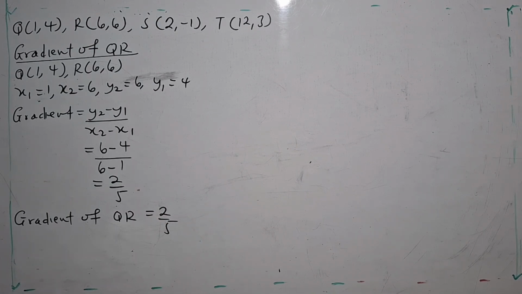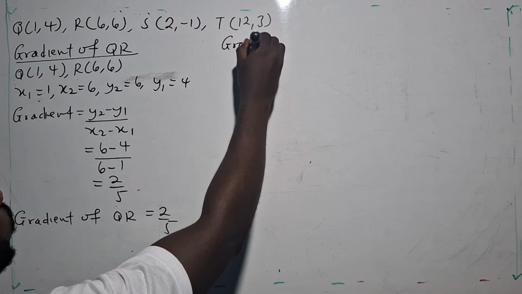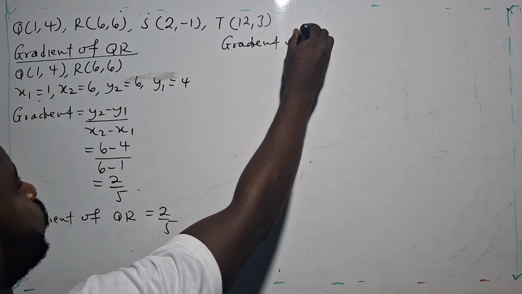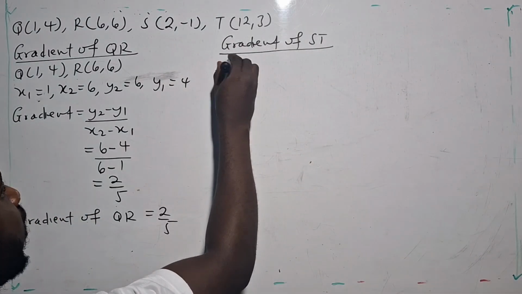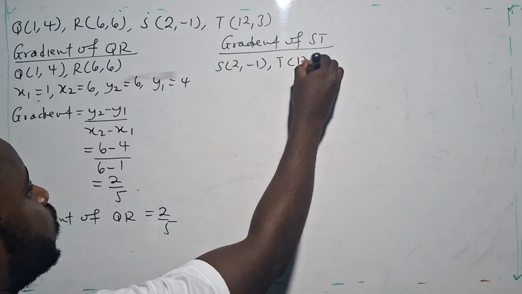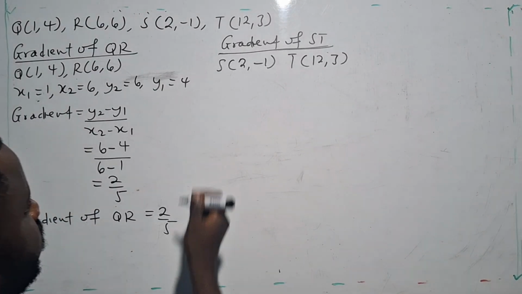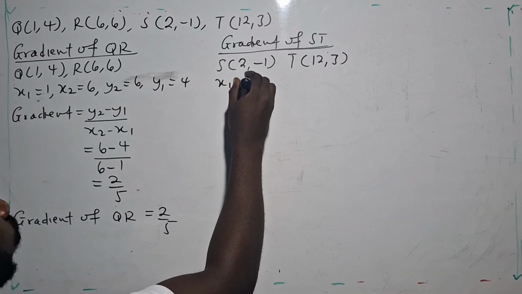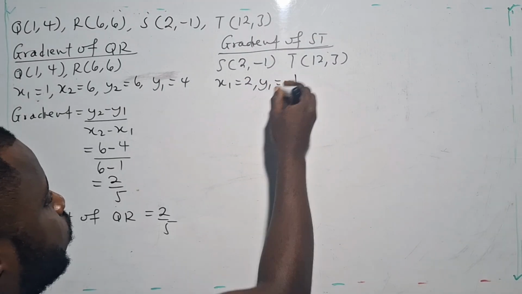This way. So let's find the gradient of ST. So our S is (2, -1), our T is (12, 3). So now we are going to find the gradient of ST. So now x1 is 2, y1 is negative 1.